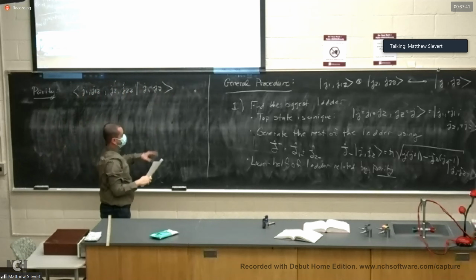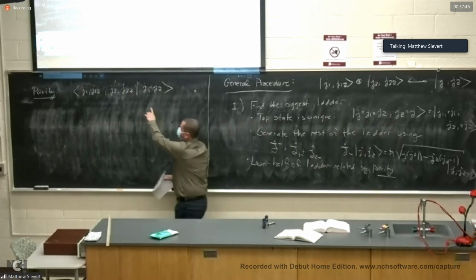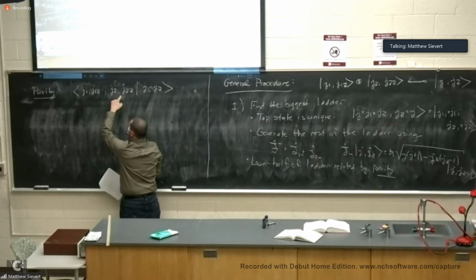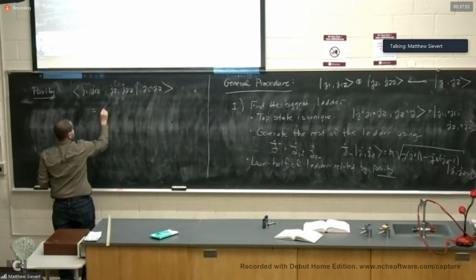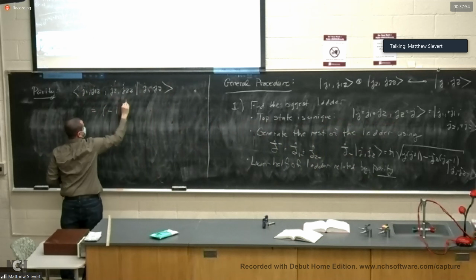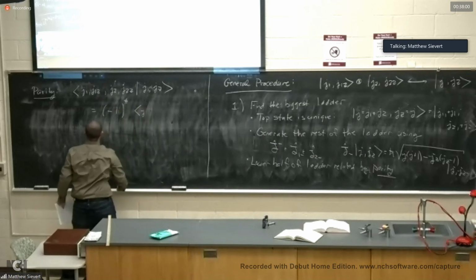So this is writing the total state j and jz as a component projected onto definite j1z and definite j2z. I want to compare this to the matrix element where I flip all of the z components.